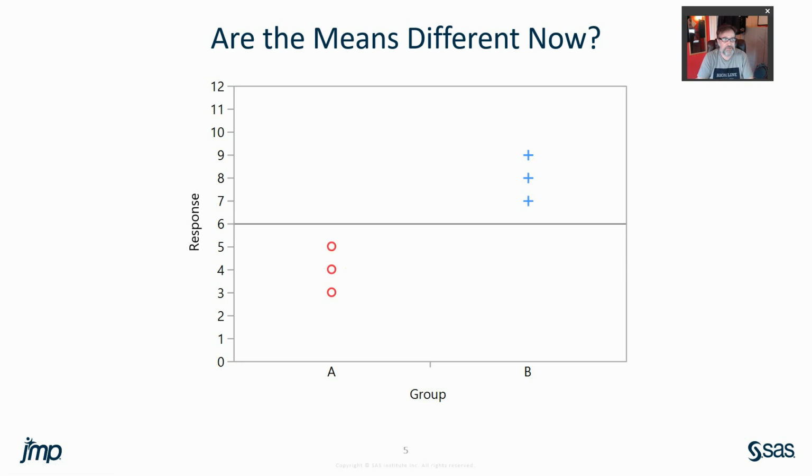If we do a test, and I'm going to show you the output, you'll see that in this case we can reject the null hypothesis of equality of population means, given the sample and the variance. We're going to get to that JMP output in a moment. The next few slides, I'm going to go through them.